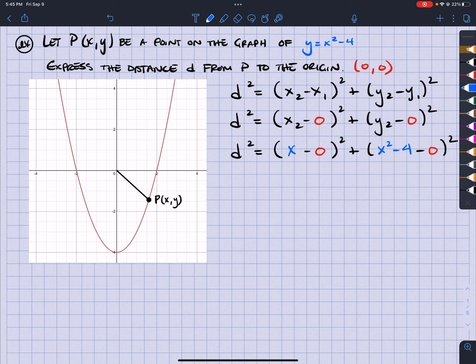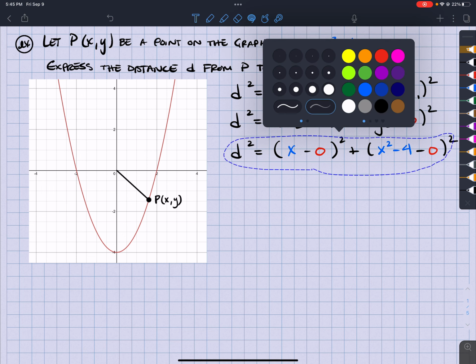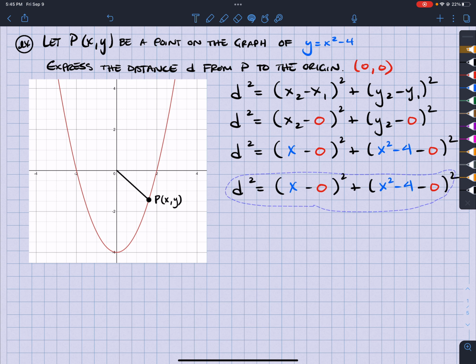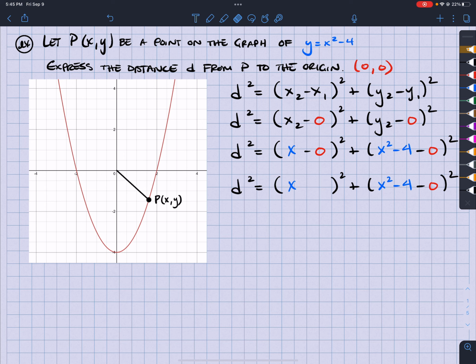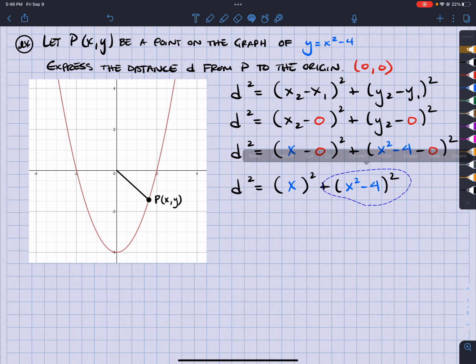Is that right? So here is the thing. What's going to happen is that this first parentheses is just going to be x, because x minus 0 is just x, squared. The second parentheses, x squared minus 4 minus 0, is also just x squared minus 4, squared. So I'm going to have that right there.